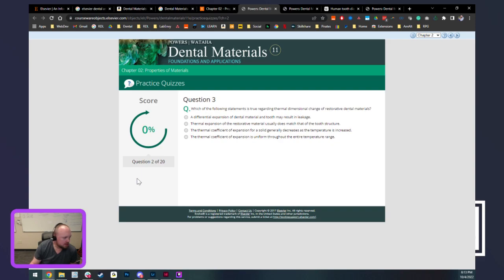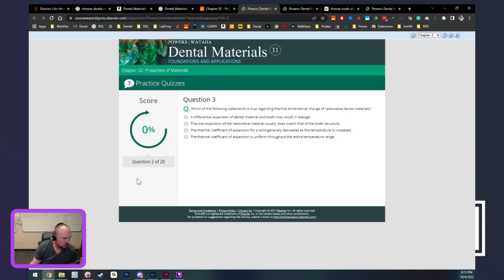Which of the following statements is true regarding thermal dimensional change of restorative dental materials? A differential expansion of dental material and tooth may result in leakage. Thermal expansion of the restorative material usually does match that of the tooth structure.